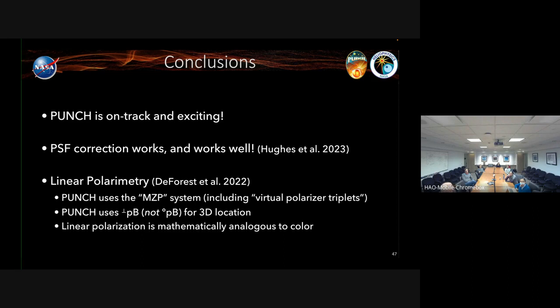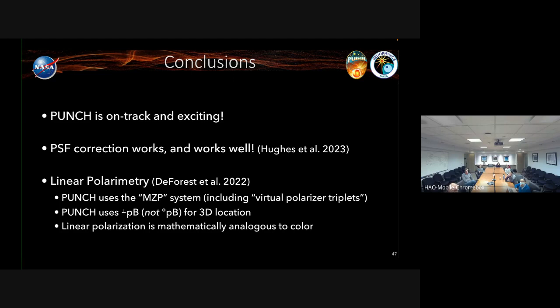So conclusions. We've been over a lot of ground. PUNCH is on track and exciting. I'm very excited about it. You should be too. PSF correction works, and it works well. In those sample frames that I showed you, we understand the artifacts that remain, and we'll work to avoid them mostly by reducing noise in future measurements.